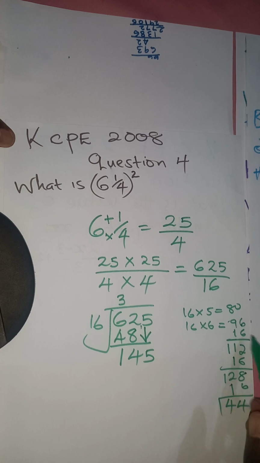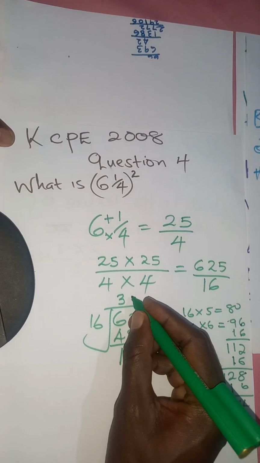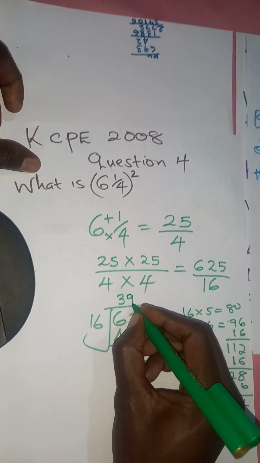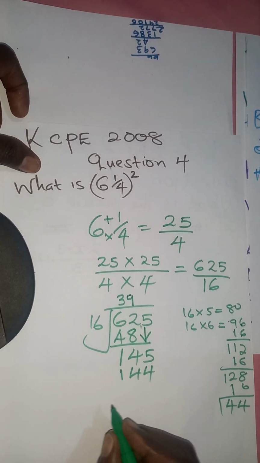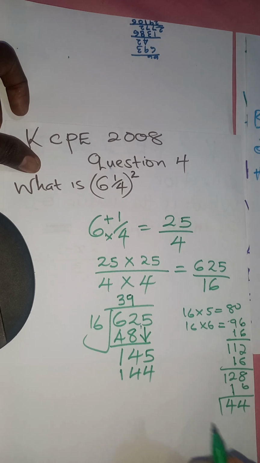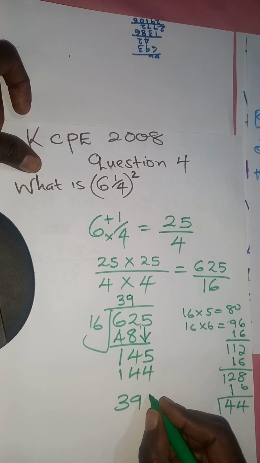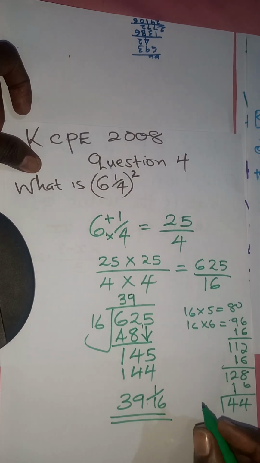So how many times? This was 6 times, 7 times, 8 times, 9 times. So we say 9 times because of 144. So our answer becomes 39 and 1 over 16. So that is our answer, 39 and 1 over 16 when we change to a mixed number.